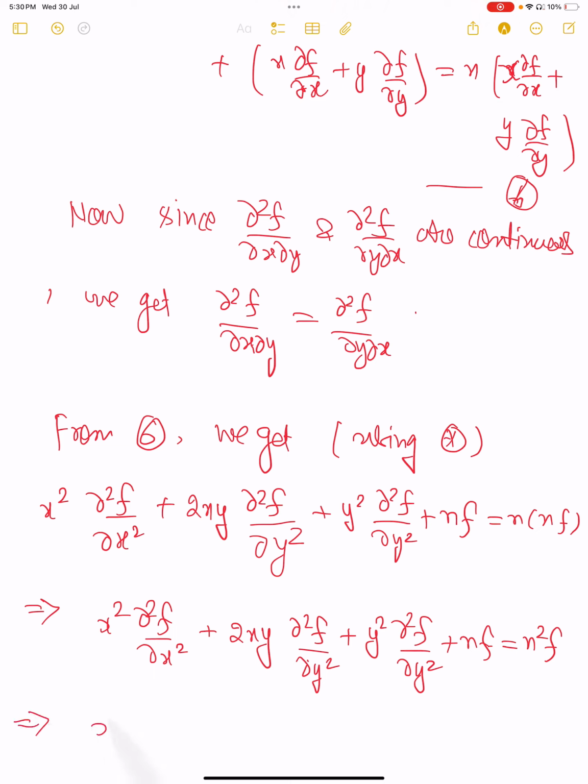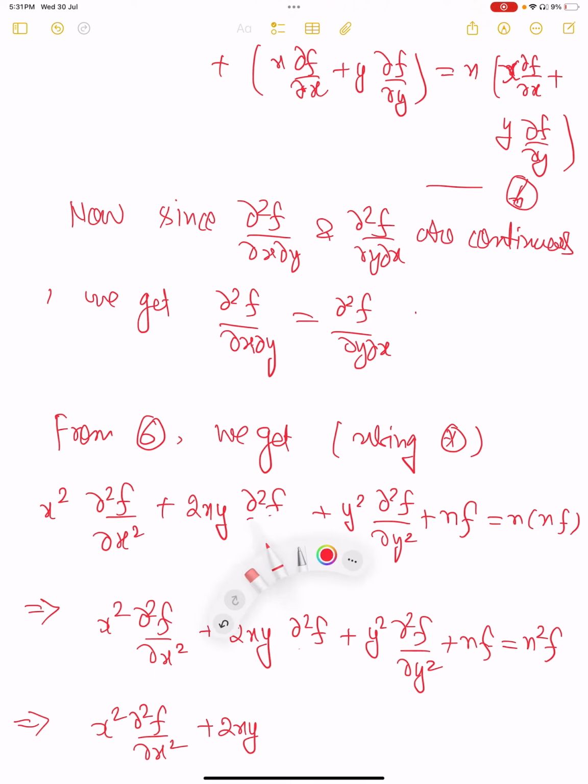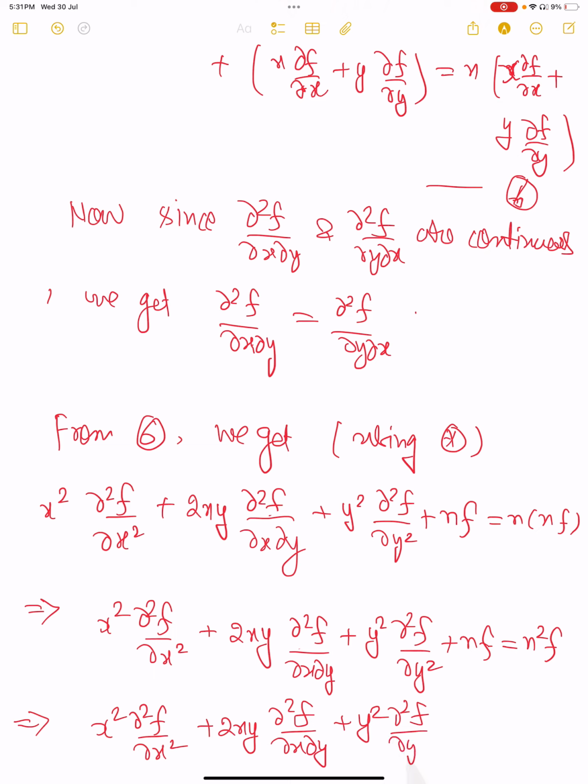So after solving it, bringing this to the other side, you will get n into (n minus 1) f. So this is proved. Second part is also proved.